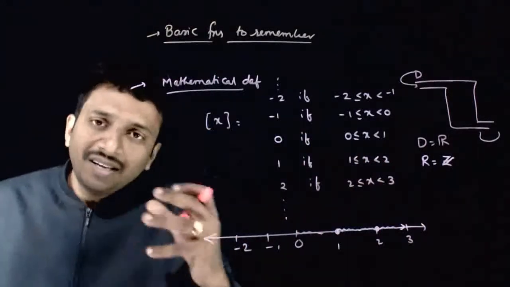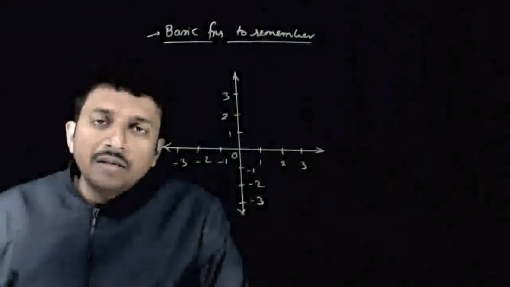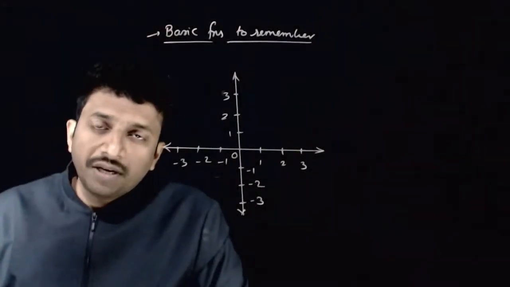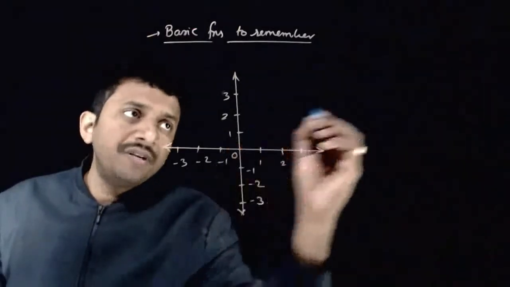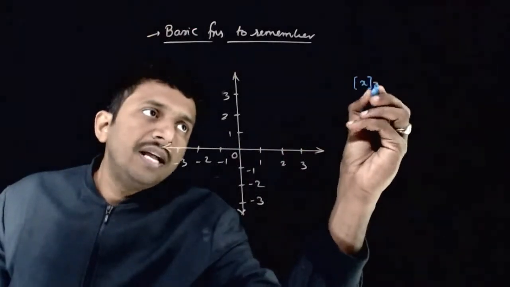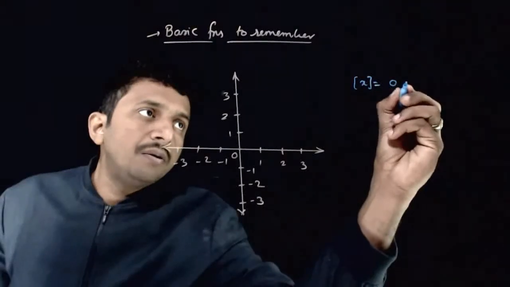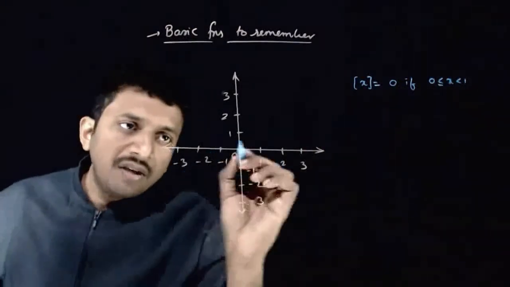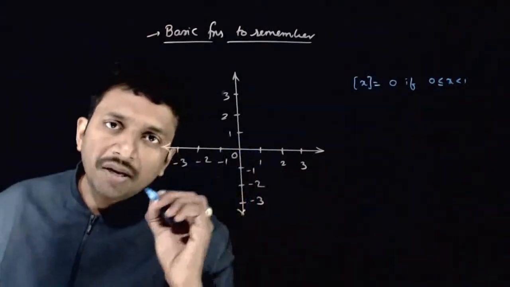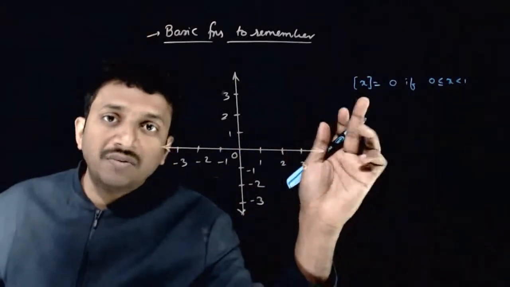Now let us try to look at the graph of this function. So if you try to draw the graph of this function, how does it look? From the definition of integer part of x, integer part of x will be equal to 0 if 0 is less than or equal to x less than 1. So if x is in between 0 and 1, the value of integer part of x will be equal to 0.